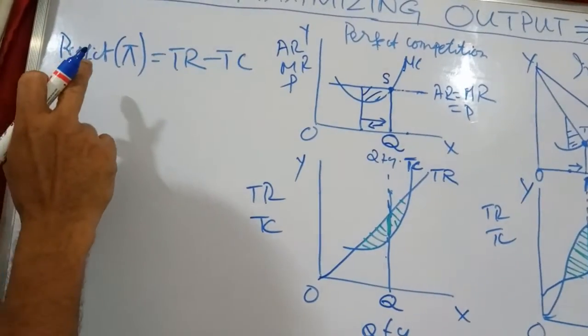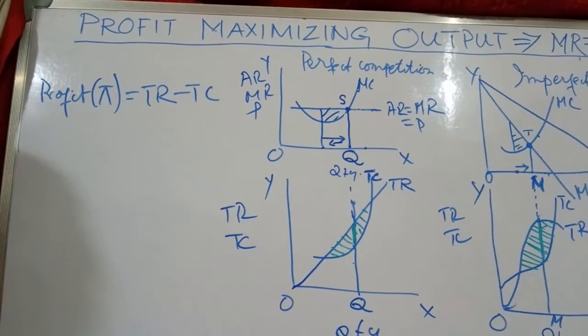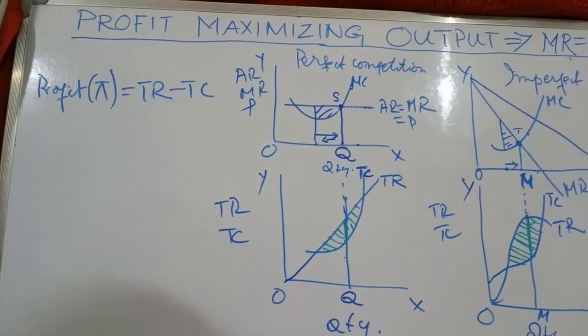So if we differentiate profit with respect to Q, we can set it equal to 0, right?